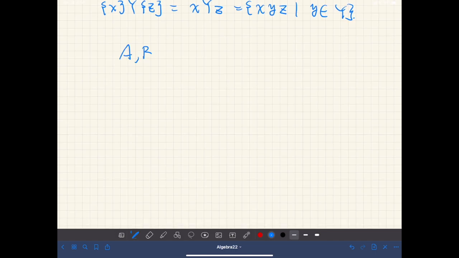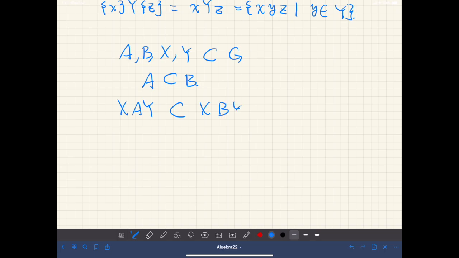Let's say A, B, X, and Y are subsets of a group G. And we assume that A is a subset of B. In that case, XAY is a subset of XBY. And you should try to prove this. So if this, then this.